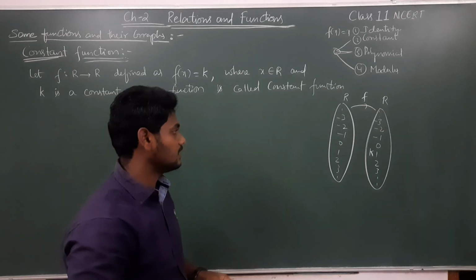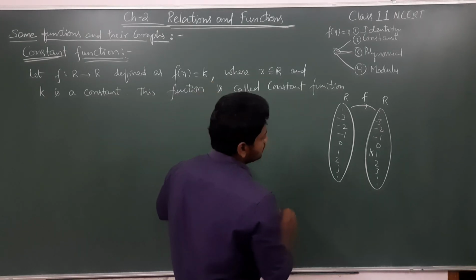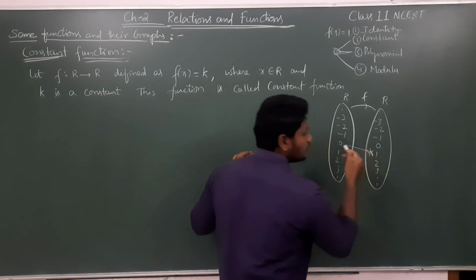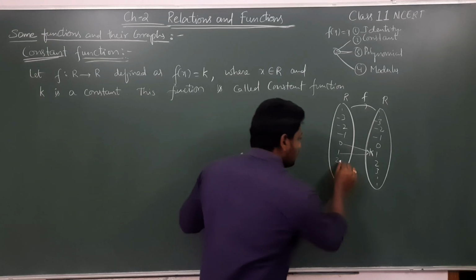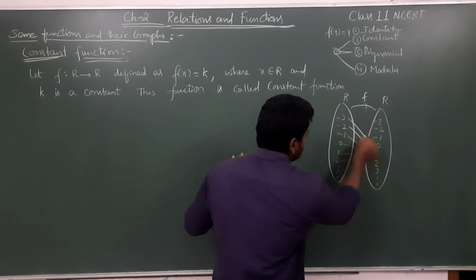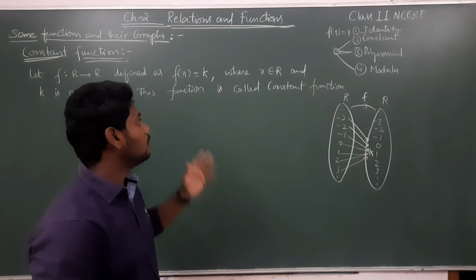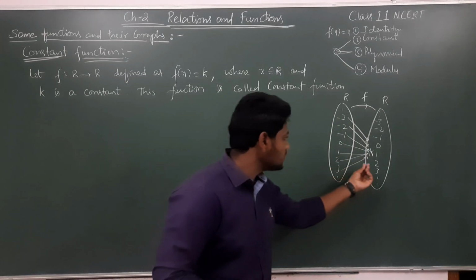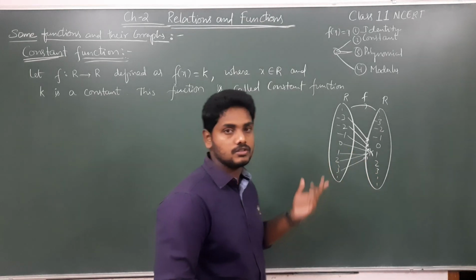Then f of 0 is k, f of 1 is k, f of 2 is k, f of 3, f of -1, f of -2, f of -3, all k. Whatever domain value you take, you get the constant. This type of function is a constant function.